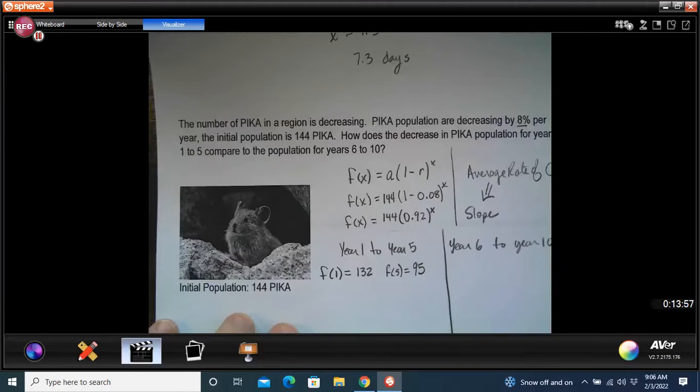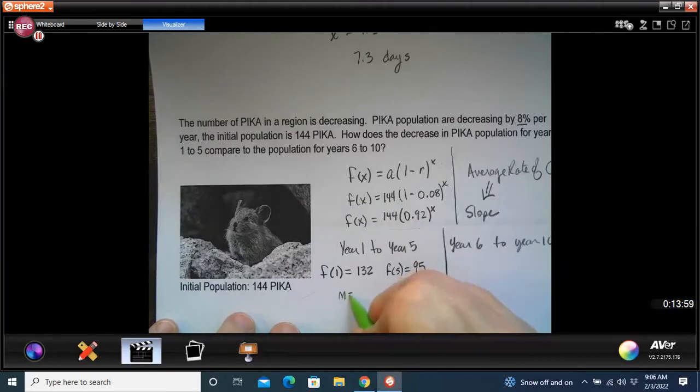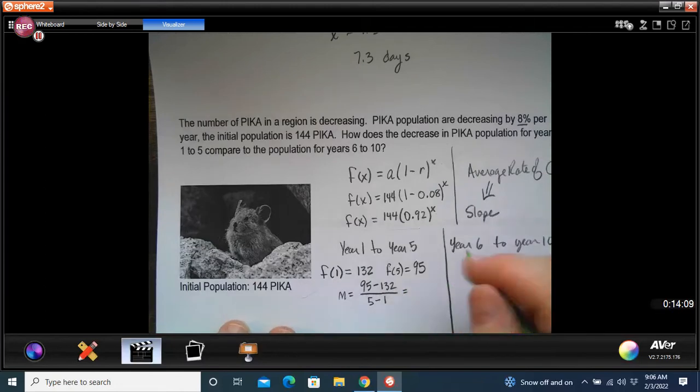So the slope is 95 minus 132 over 5 minus 1. And I get negative 37 over 4, or negative 9.25.